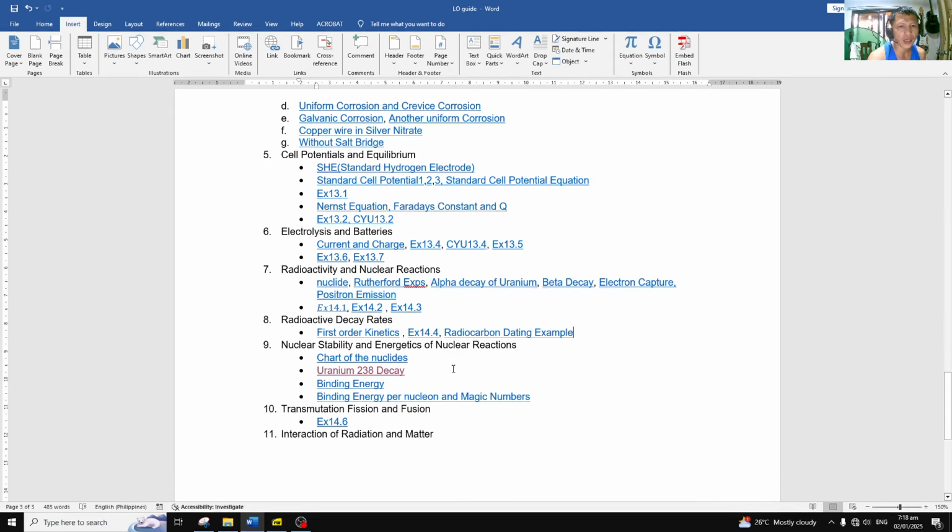So of course, it's already talking about the energy, or probably an introduction on the energy we can derive from nuclear reactions. Of course, that is energetics of nuclear reactions. But of course, you have to understand the stability of the nuclides, of those involved in nuclear reactions.